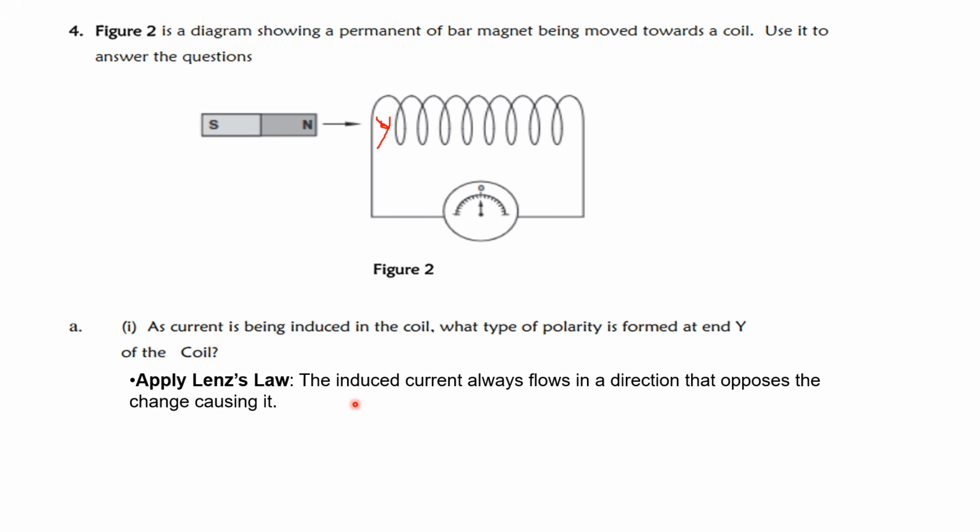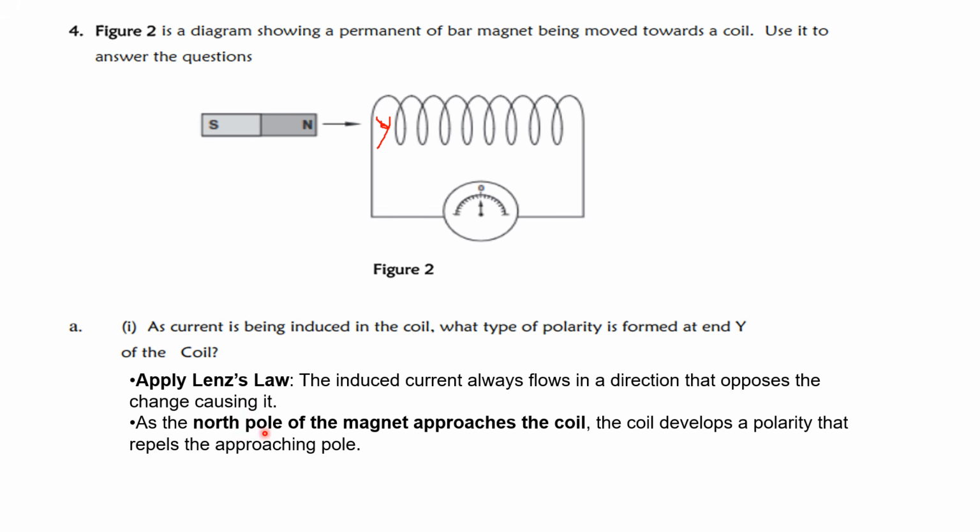So with that in mind, as the north pole of the magnet is approaching the coil, the coil is going to develop a polarity that repels the approaching pole. So this is going to be north pole.